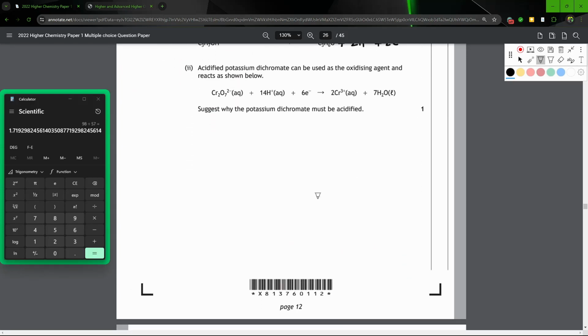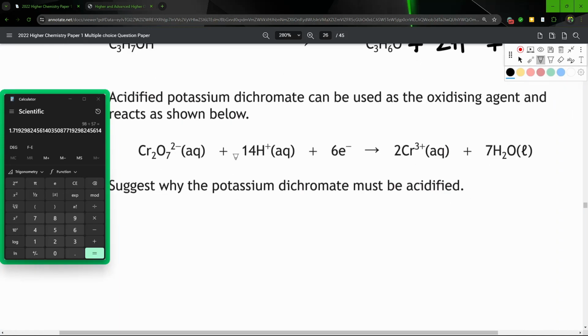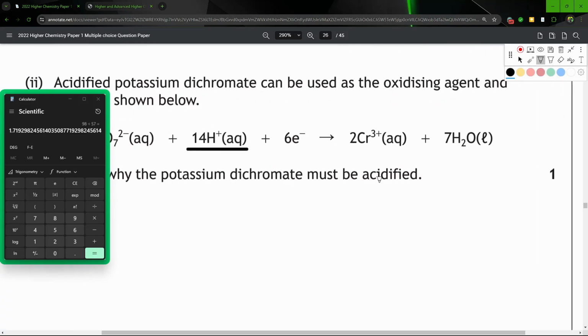Acidified potassium dichromate can be used as the oxidation agent and react as shown below. Suggest why the potassium dichromate must be acidified. Well, looking at this equation, you can see that we need hydrogen ions for this reaction to occur. If it was an alkali, a base, then you have more hydroxyl ions, which is not what we want.